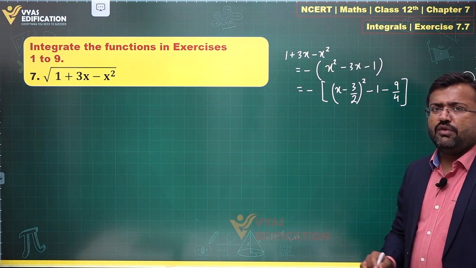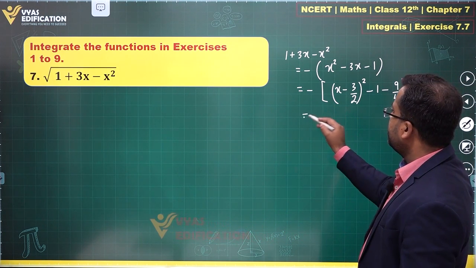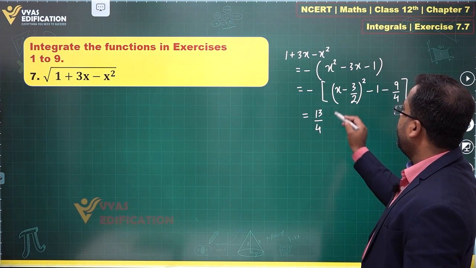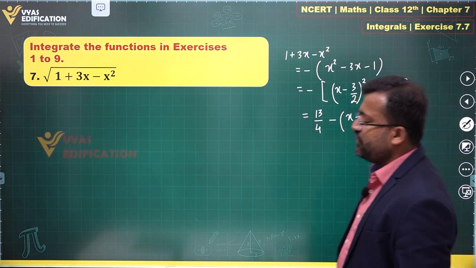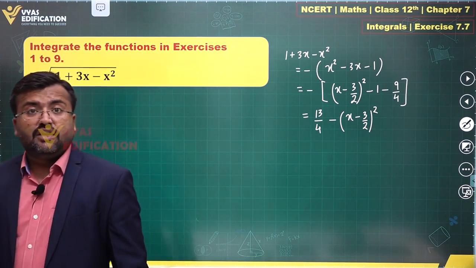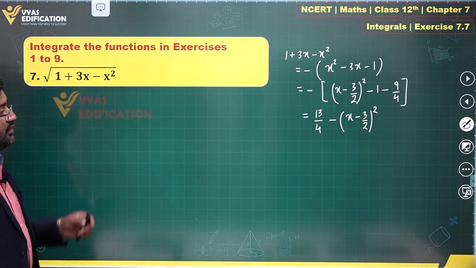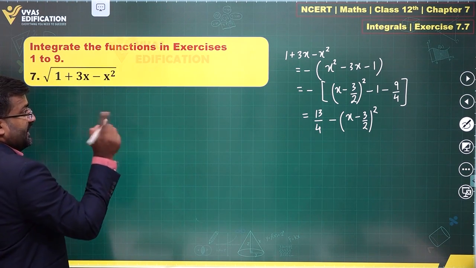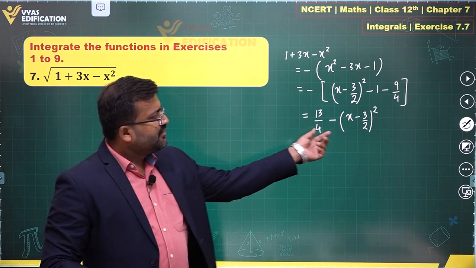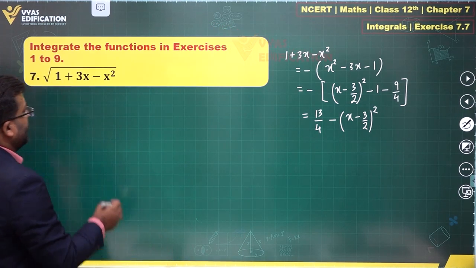Minus 1 minus 9 by 4 will be minus 13 by 4, and with the minus sign it will be 13 by 4 minus x minus 3 by 2 square. This is what you have. So you have converted the under root expression in terms of a perfect square. Once you have done that, the formula that you will need is a square minus x square in the under root. Let me write the formula as well.